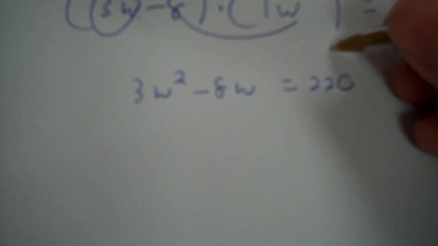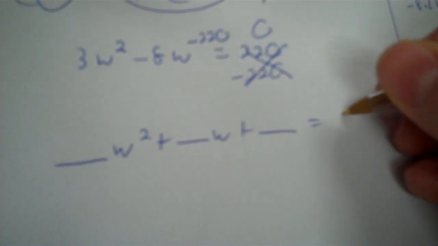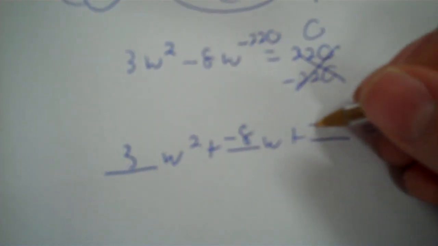Got to get your 0, so we subtract 220. So you got W second, W, constant equals 0. So 3, negative 8, negative 220. Okay, so GCF table.